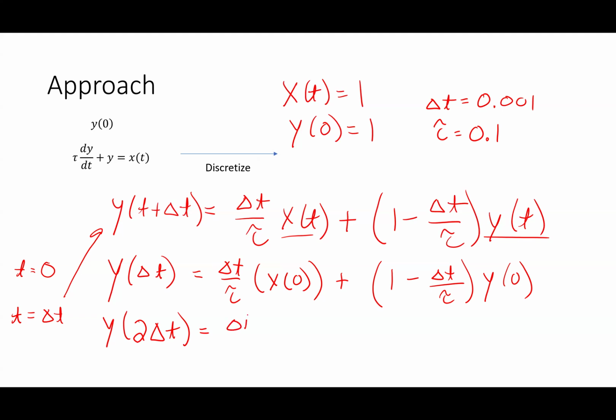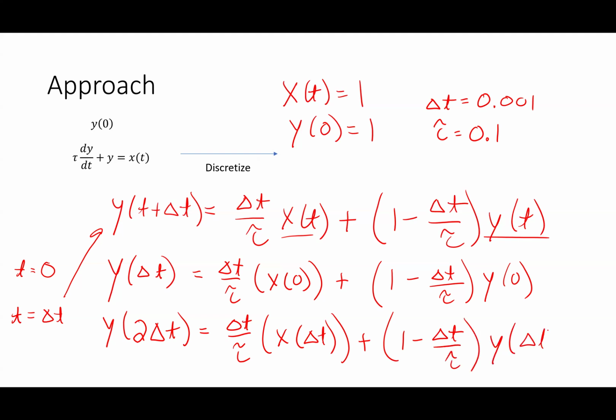I would plug in delta t over tau times x of delta t plus 1 minus delta t over tau times y of delta t. When I get to time t equal to delta t, do I know this value and that value? I do, because I solved for those at the previous time step.